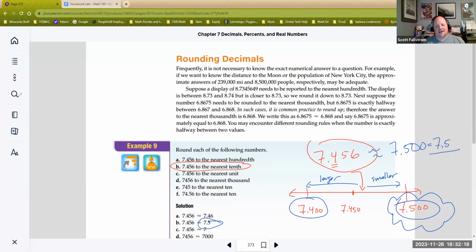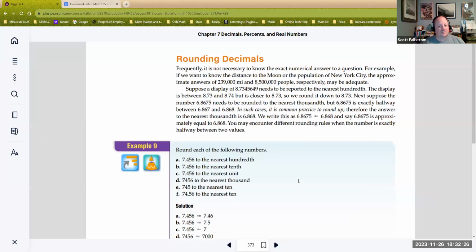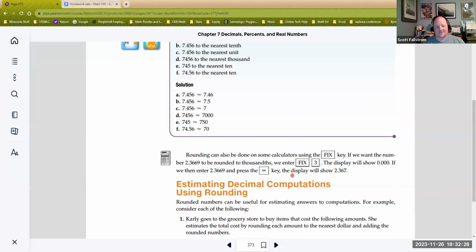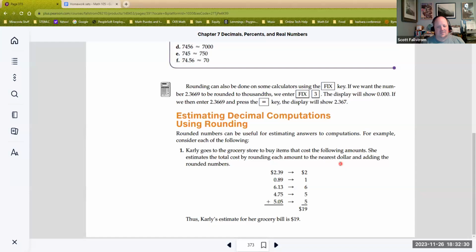If it is right halfway between, to be technically honest, you are just fine going either direction. We have a convention that says we go one direction, but we're as wrong as anything else. So just kind of keep that in mind as you're doing it. Yep, that's about it.